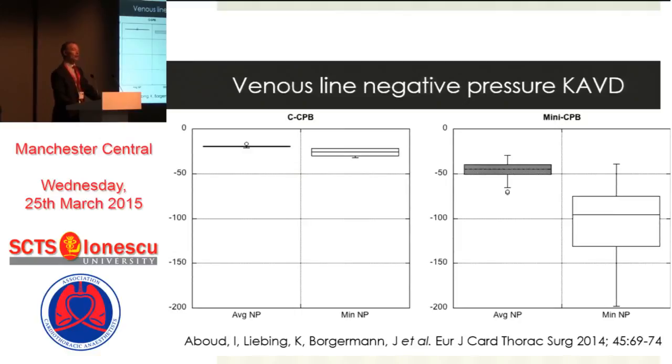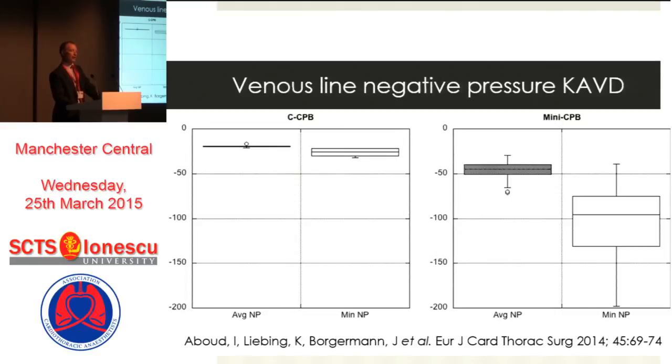And Aboud and his colleagues not only agreed with our figures, but their statistic was that 20% of negative pressures in the venous line exceed minus 150 millimeters of mercury.